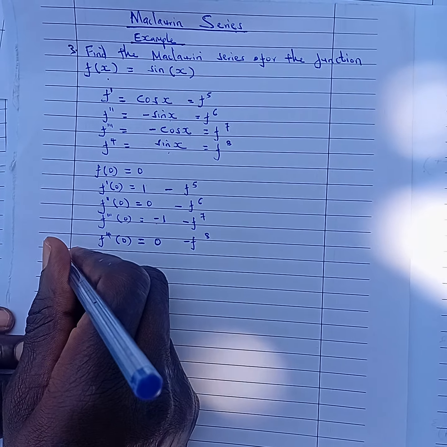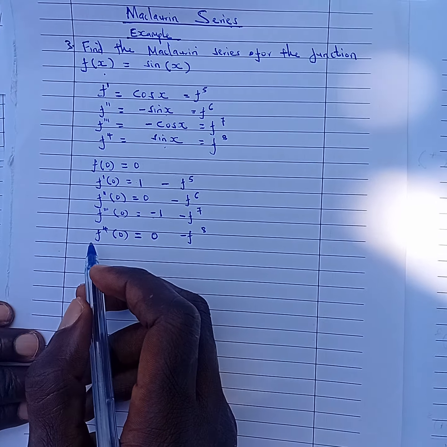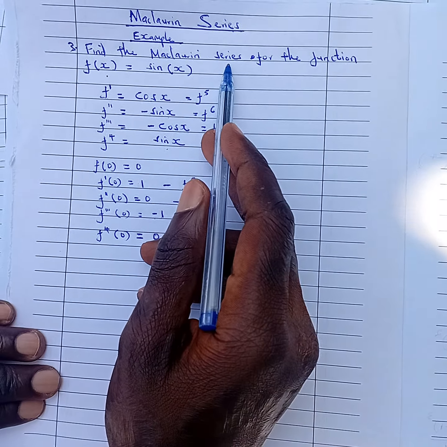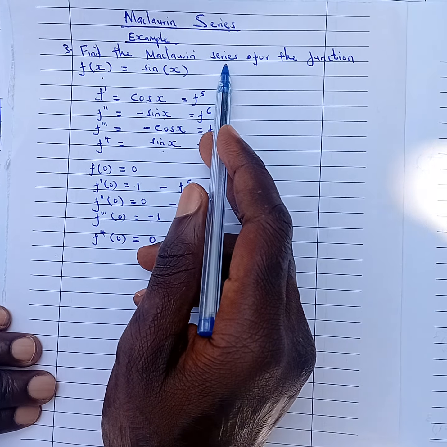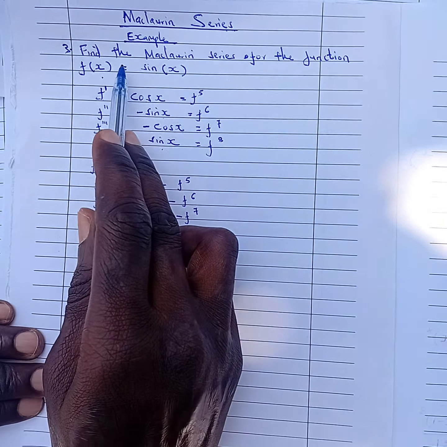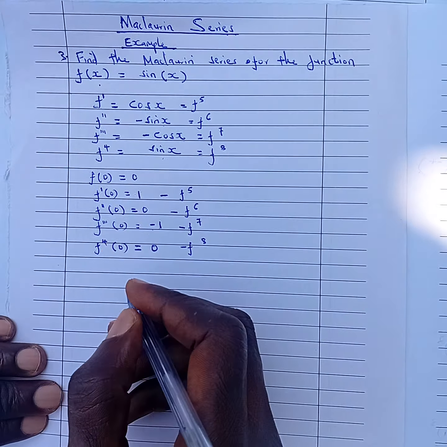In Maclaurin series, the only difference between Maclaurin series and Taylor series is that c is 0. That's why you've not been told to center anything in that example.